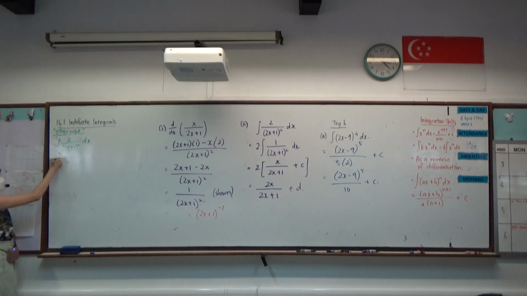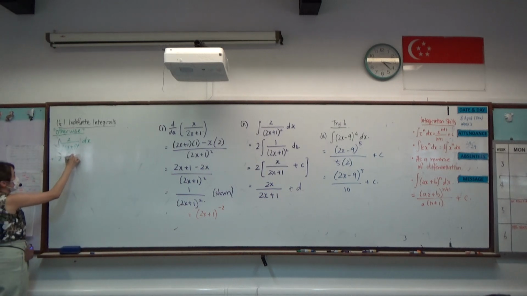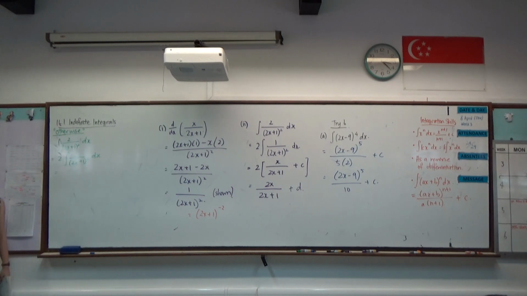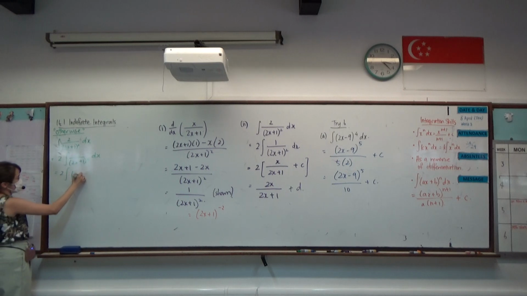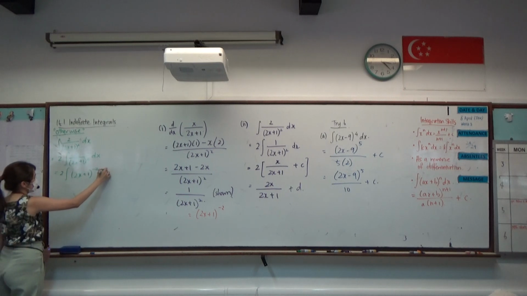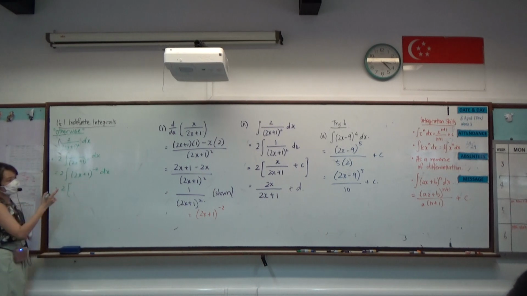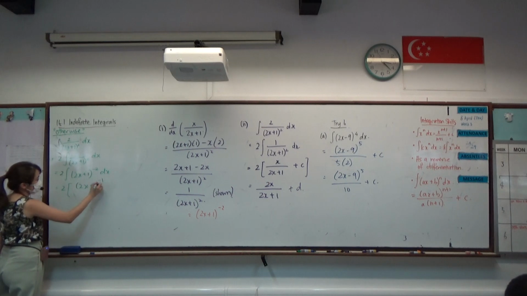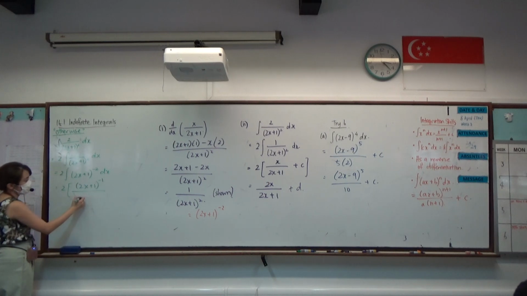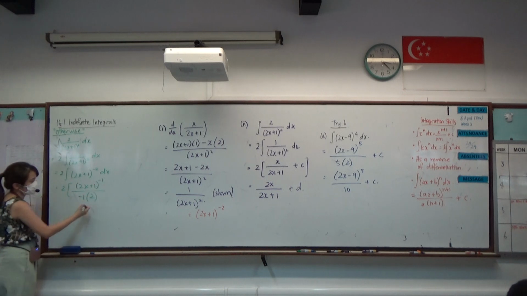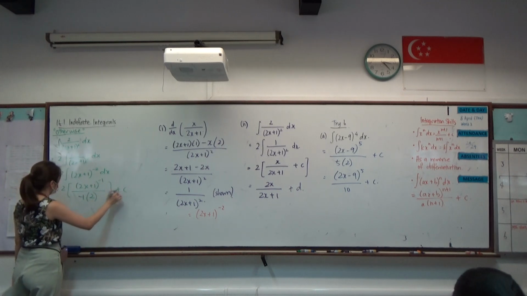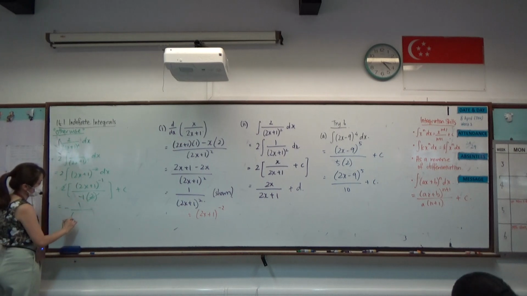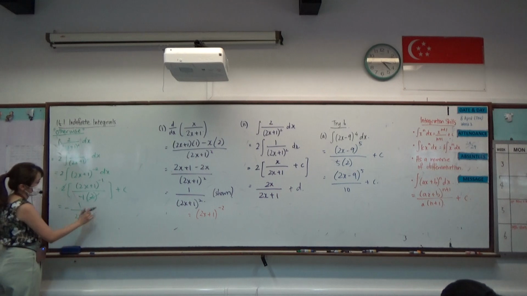So we understand that the 2 can still be taken out. So we are looking at the integration of 2x plus 1 to the power of negative 2. Using that new rule, we are looking at power plus 1, so it becomes negative 1, over power, bring it down, coefficient, bring it down, plus c. Cancel, cancel, negative 1 over 2x plus 1, plus c.